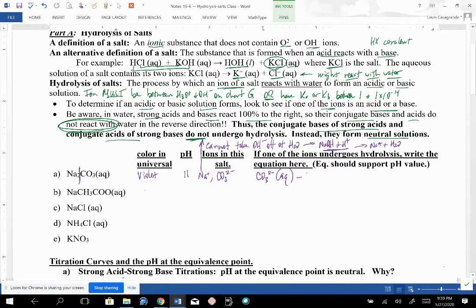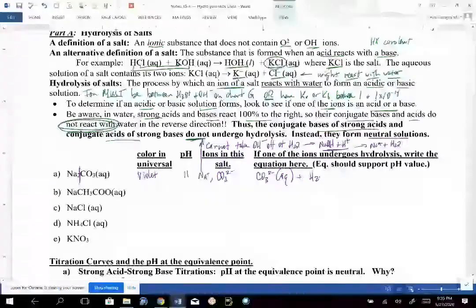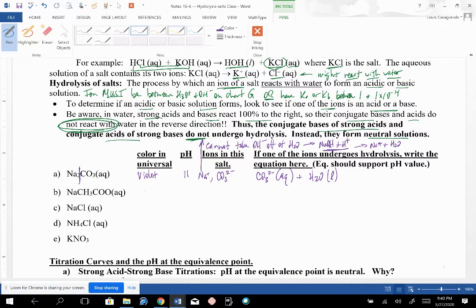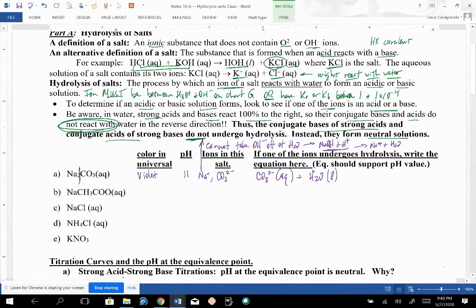But carbonate is going to react with water. Remember, water is everywhere. So we have carbonate there, we got water there. Now the carbonate is the base, so it's going to take an H off of the H2O, and it's going to form the hydrogen carbonate, HCO3 minus, and leave behind OH minus.